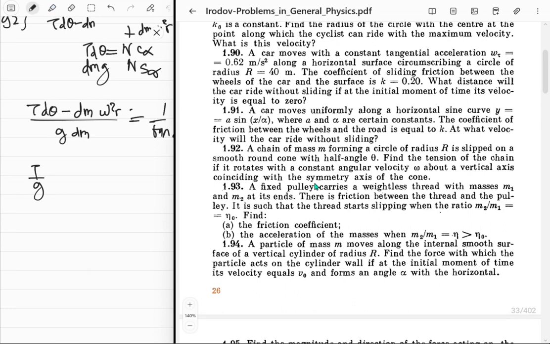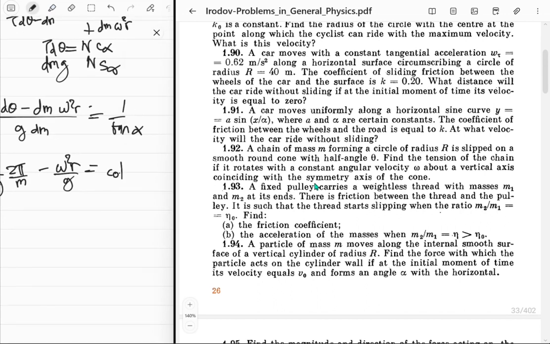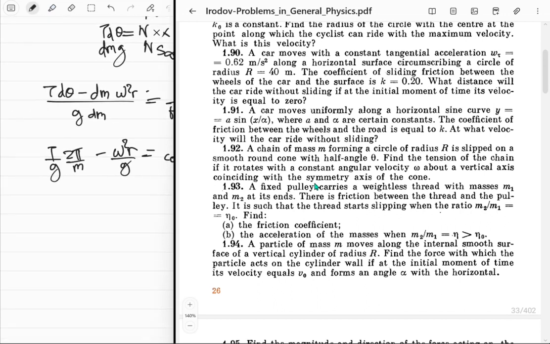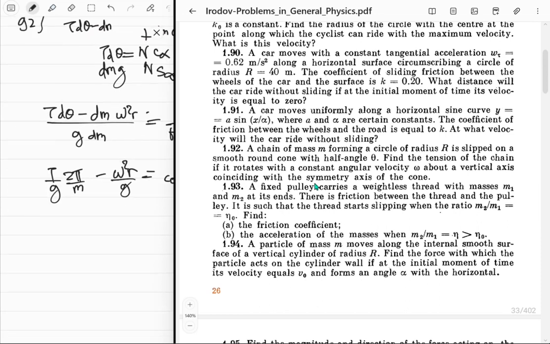What will that be? We already got that dm is just d theta upon 2 pi times small m, right? So this will be 2 pi upon small m, and then minus omega squared r upon g is equal to basically cot alpha. This should do it, I guess.